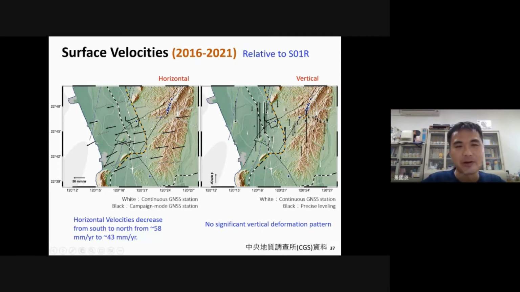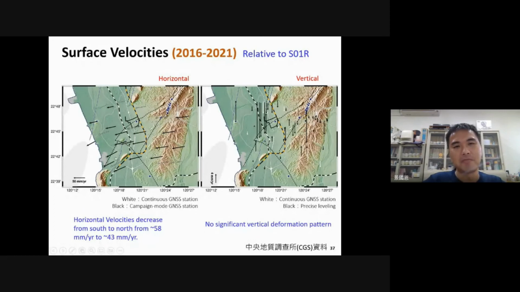However, unfortunately, if we look at the sites of the science park, then what happens? No observations. There are no observations at this site, from the Central Geological Survey data.